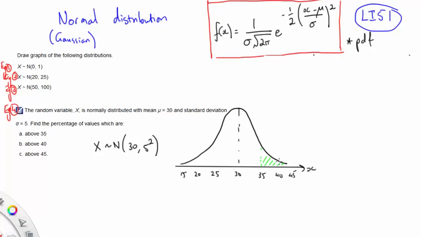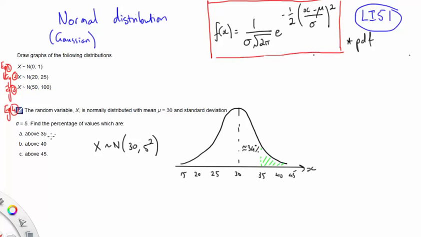Well, we know that 68% lies within this part here. So this is going to be about 34%. And we know this is symmetrical. So we know here is 50% to the right of the mean.